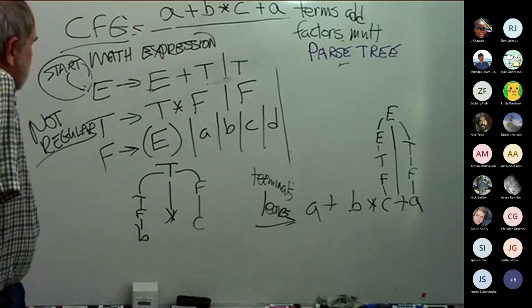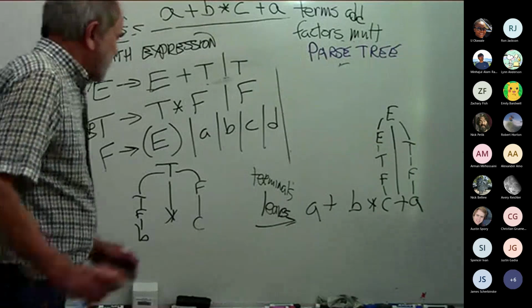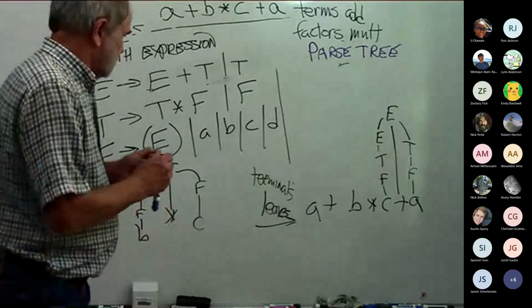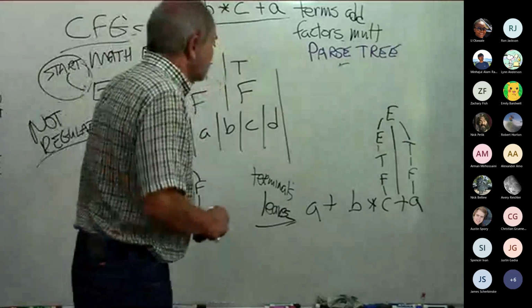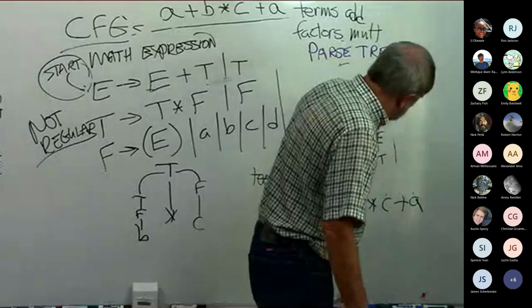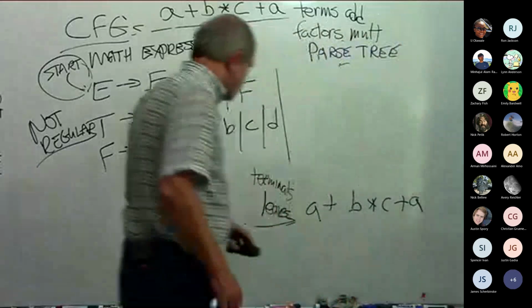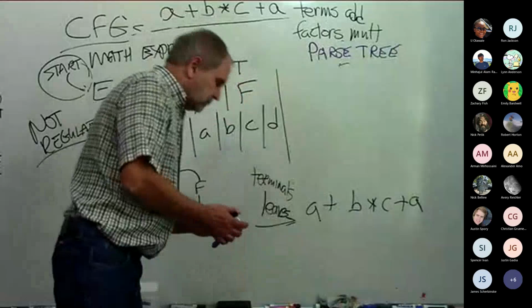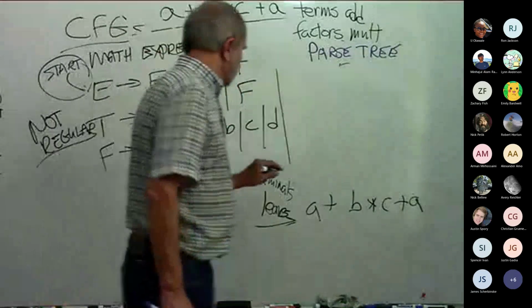The E leads to a T, leads to an F, leads to a C. Oops, and I think, let's see. Yep, I actually took it down a backwards path here. Let me try this from here.